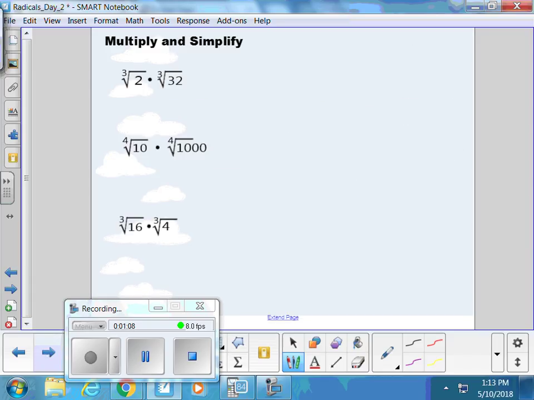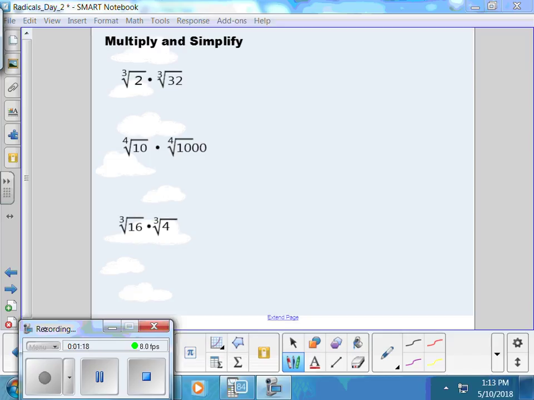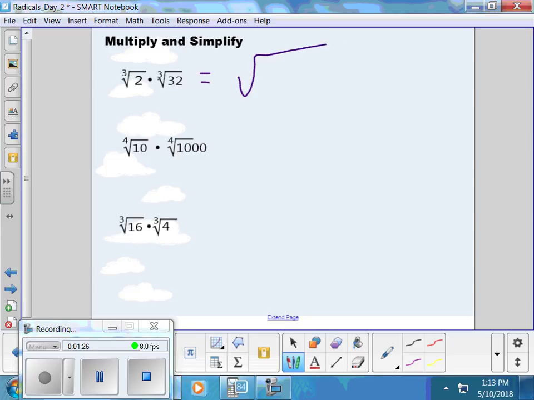All right, so we are going to use that property I just discussed to multiply these together, put them under one radical together, and then simplify down. And we can put them in the calculator. So the cube root of 2 times the cube root of 32. Since they're both cube roots, you can put the 2 and the 32 underneath the same radical together.